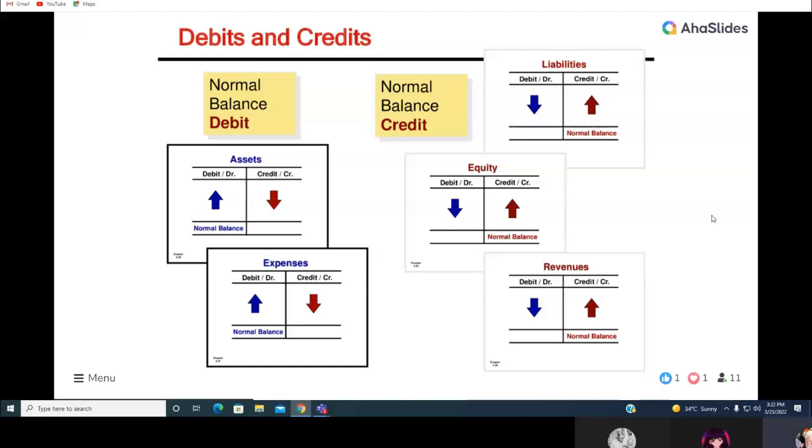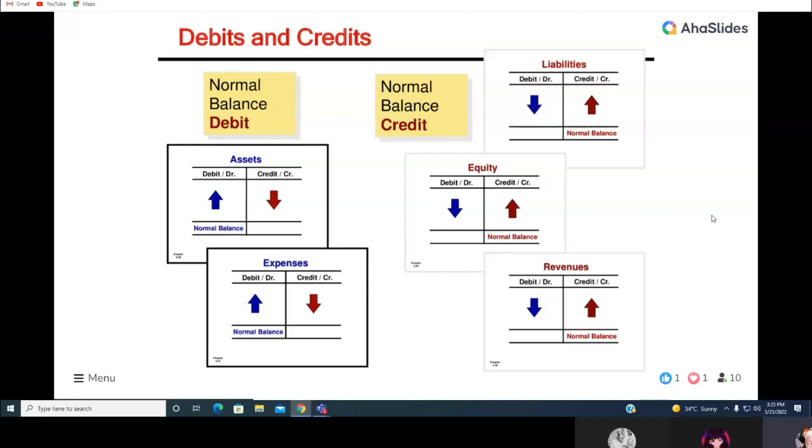If a transaction increases a liability, I will record that increase in the liability on the right-hand side or the credit side of the account, whatever that account is, accounts payable, bonds payable, notes payable, unearned revenue.